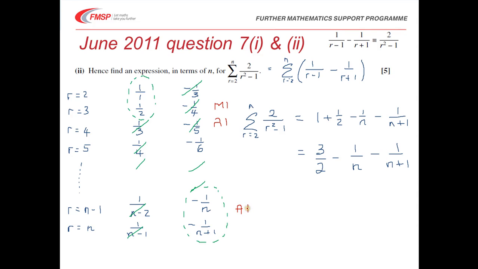You then also get a method mark for cancelling. So I'll just put that in and remind you that that's for cancelling. And then an accuracy mark for getting the sum.